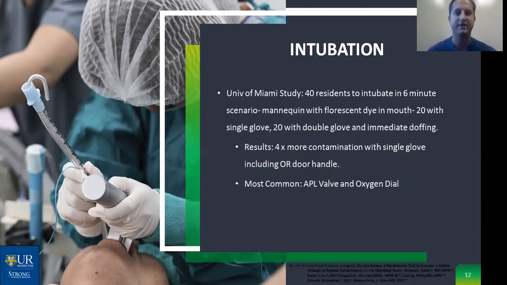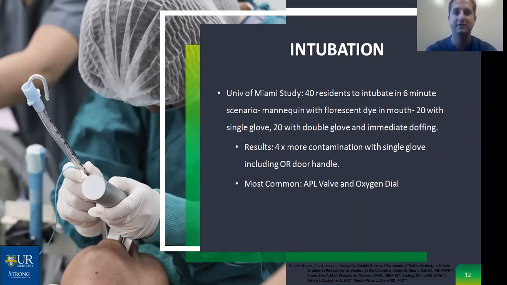Their theory was that double gloving would potentially reduce the amount of contamination between the patient and the rest of the room. So he took 40 residents, because residents make fantastic studies, and guinea pigs. And he had the residents go through a simulation.